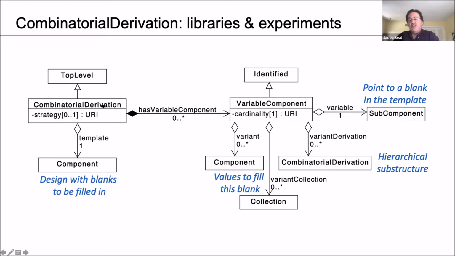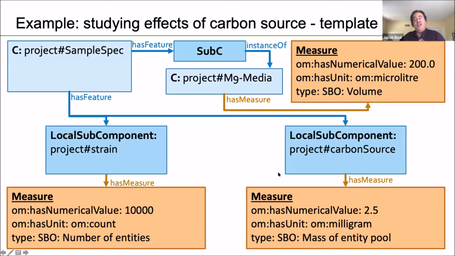And here, what a combinatorial derivation has is a component, which is going to be a description of the system with some of the parts being blanks that are going to be filled in. And the variable components point to blanks in the templates and give a bunch of options for how to fill them in. So an example here, studying the effects of a carbon source on various different strains.